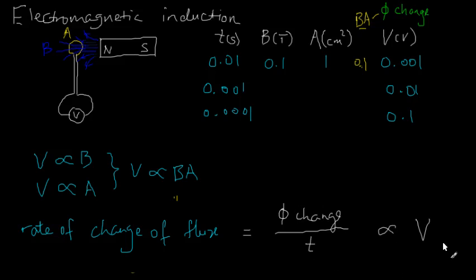We now have a fairly complete picture in that we know how the voltage induced depends on the flux and the time. And the flux, we know, in turn depends on the area of the loop and B, magnetic flux density, which is related to how strong the magnetic field is.